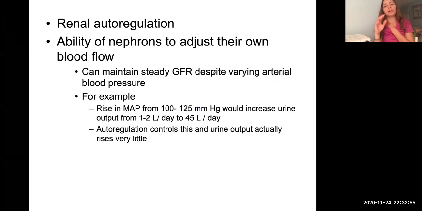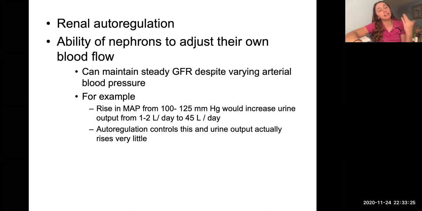Okay, so if your blood pressure is lower, it's going to dilate the afferent arteriole to allow for more blood flow to stabilize the pressure. It just means to maintain a steady glomerular filtration rate despite the arterial blood pressure.